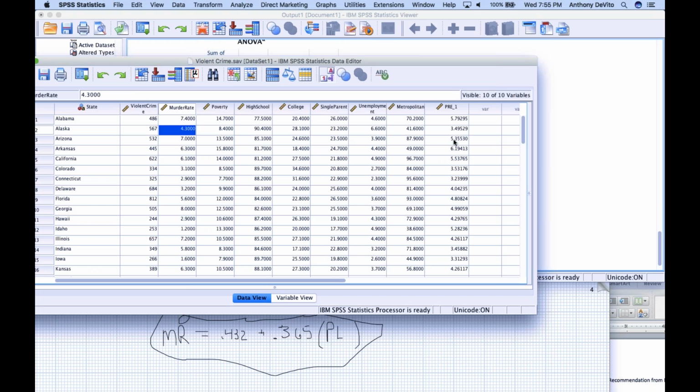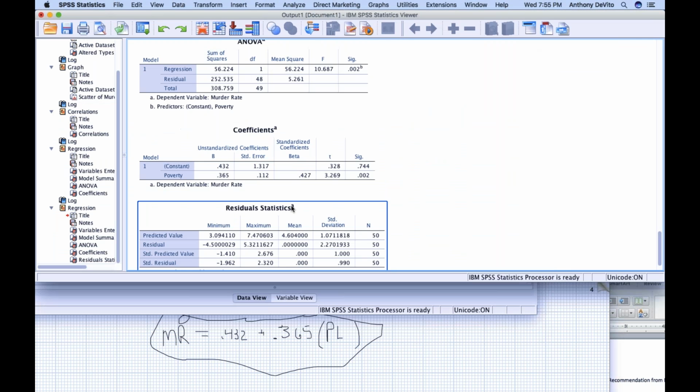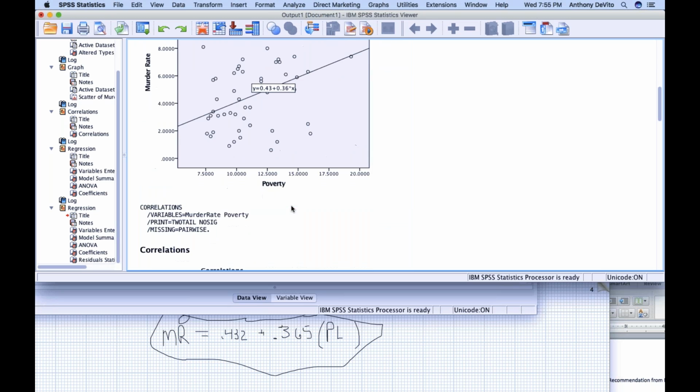Some of these, we know they're not going to match up exactly, because if you look at the scatter plot in the output window, you can see that the line actually only goes through very few points. Most of the points are missed by the line. But the line represents the best guess at what the murder rate would be based on the poverty level. It's not going to be perfect, but it's a way for us to measure it.